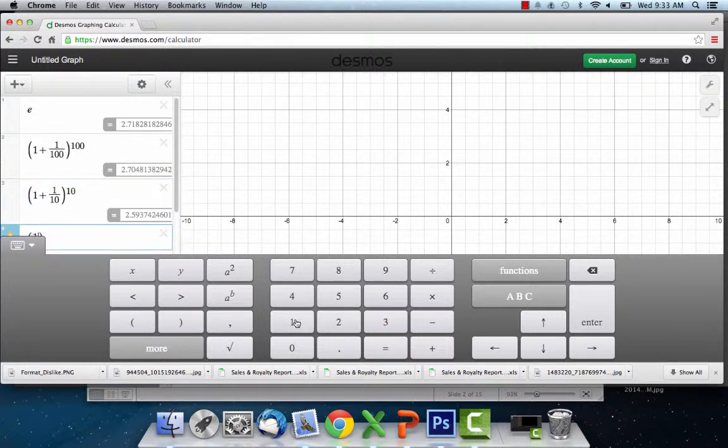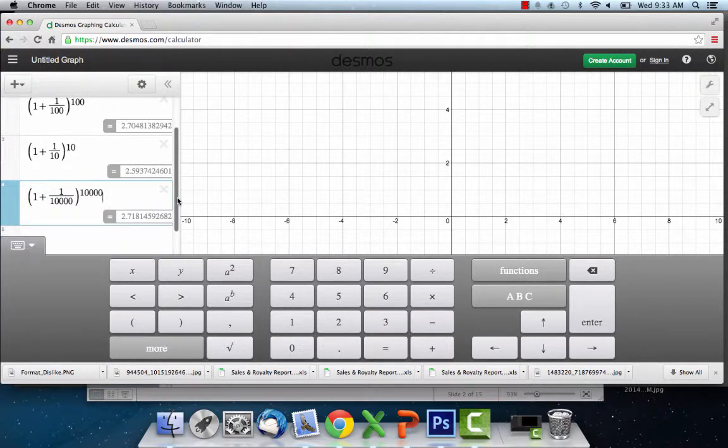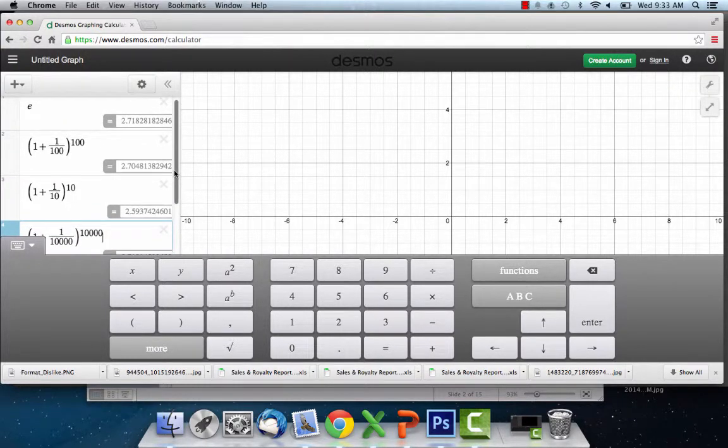If we do 1 plus 1 divided by 10,000 to the 10,000, 2.71811459, 2.718.